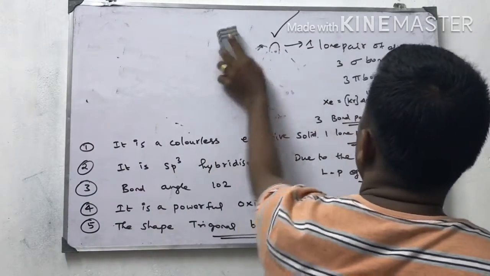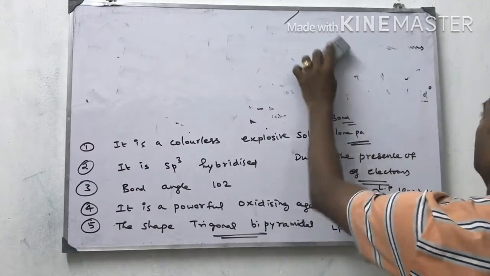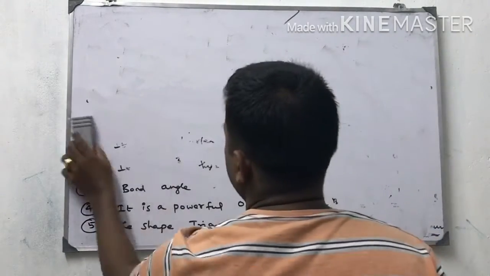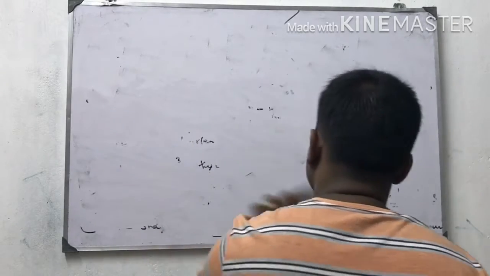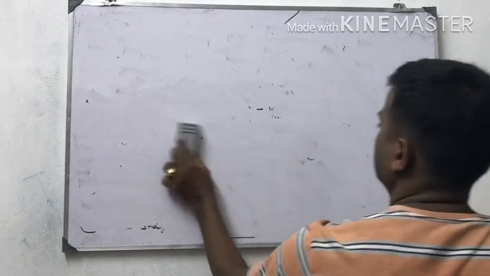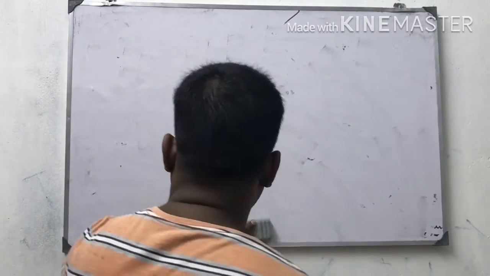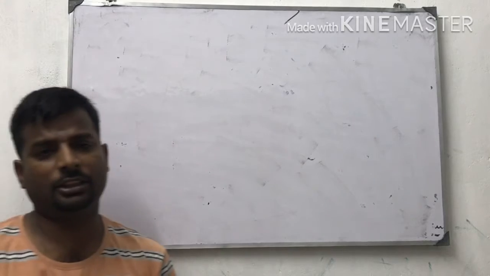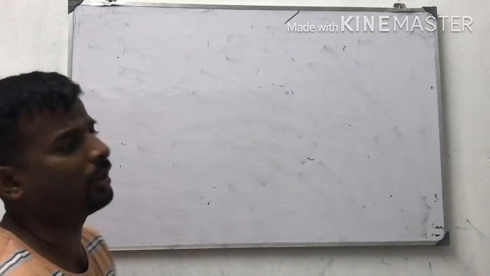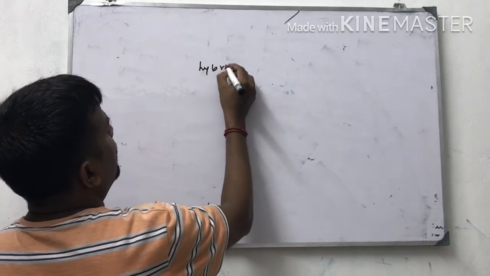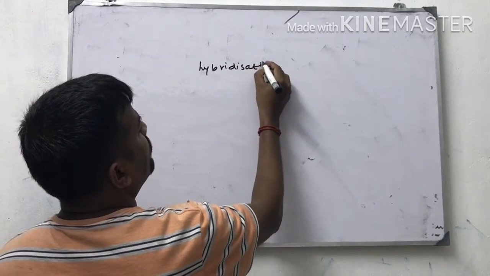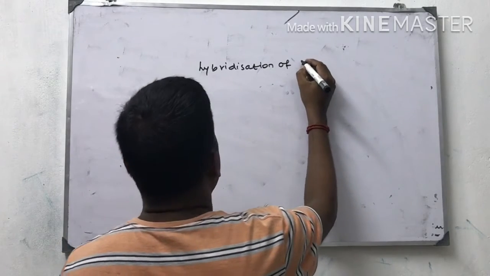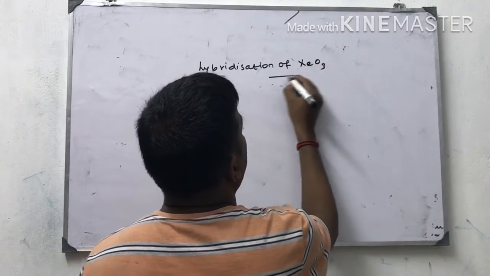Next I am going to tell about the hybridization of xenon trioxide with the help of VSEPR theory. The repulsion and all those things are based on the VSEPR theory. I already explained the VSEPR theory. Now I am going to tell about the hybridization of xenon trioxide.